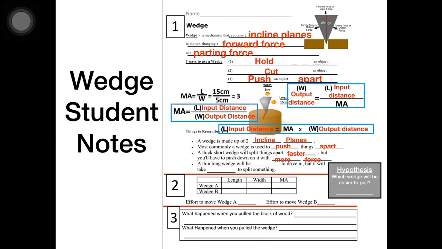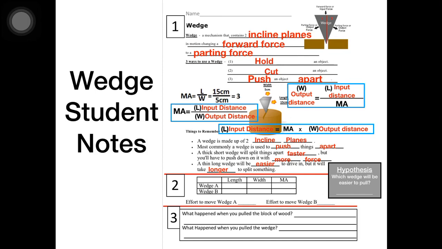All right, the last one there. A thin, long wedge will be easier to drive in, but will take longer to split something. Okay? It takes less effort with a longer, thinner wedge.